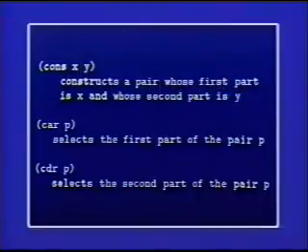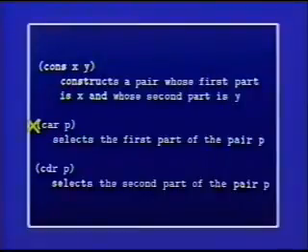So cons takes two objects. The first part of the pair is x, and the second part is y, and that's what it builds.